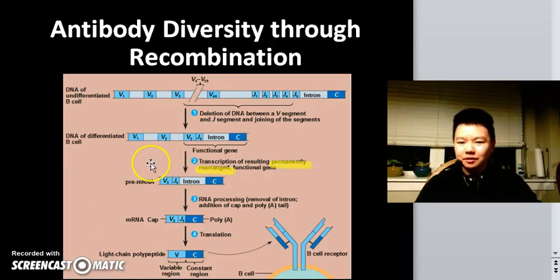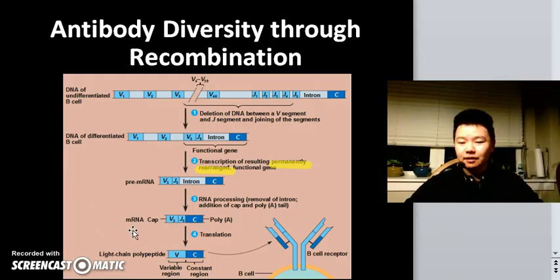Once the B cell is mature, transcription can occur, producing the pre-mRNA. That's what we call it before it undergoes splicing, and then the mRNA once it's undergone splicing. The final mRNA should contain only 1 V, 1 J, and 1 C. So we've gone from many possible segments down to just one.